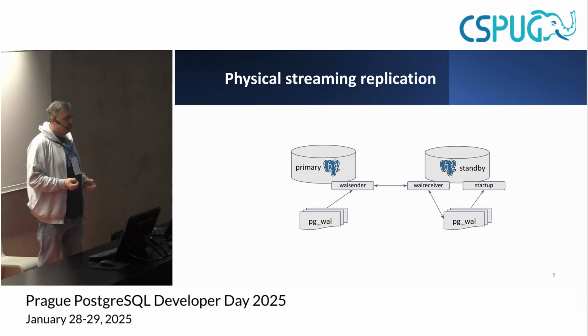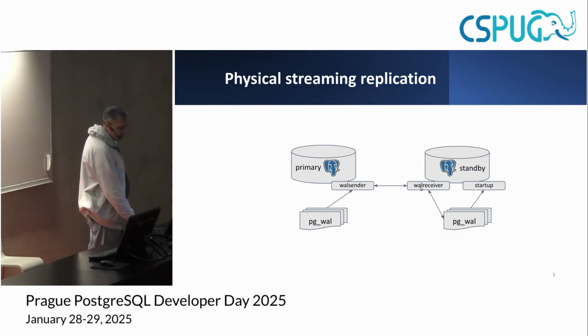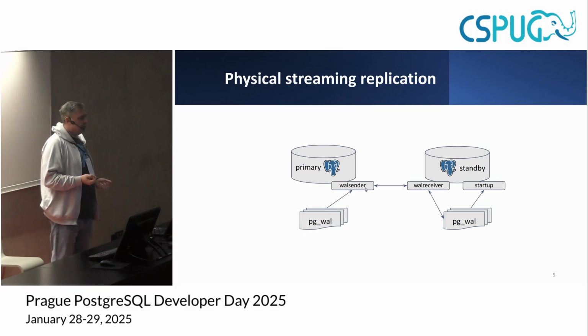When standby is configured to replicate data from the primary, it first starts a WAL receiver process, which connects to the primary, and the primary in response starts a WAL sender process.